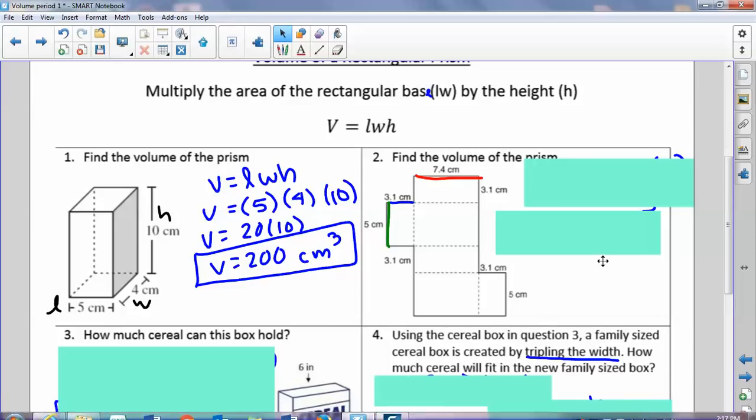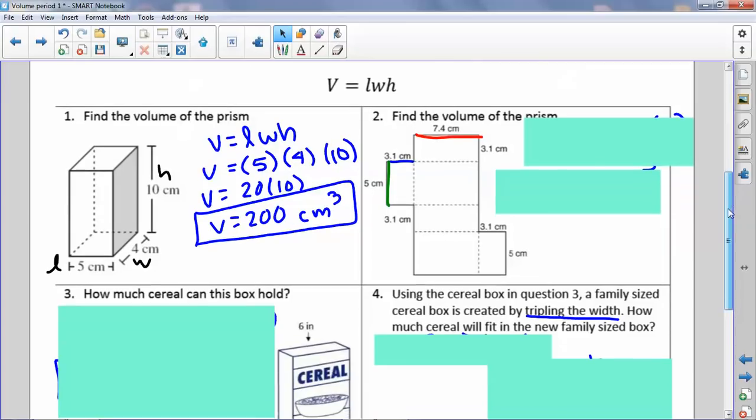So in this example, all they did was take this rectangular prism, or any rectangular prism, and flatten it out. Like for example, flattening a cereal box, taking it apart at the edges and flattening it out. So here in green we have 5, in blue we have 3.1, and then in red we have 7.4.